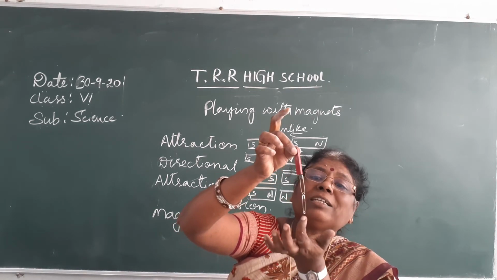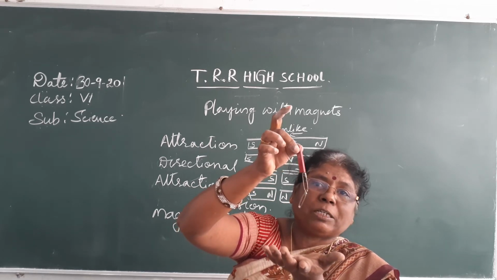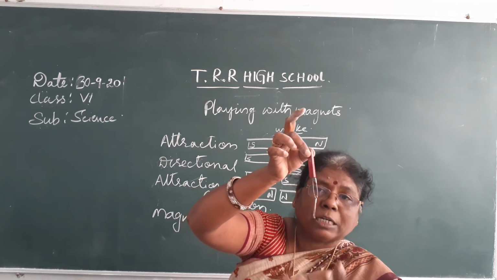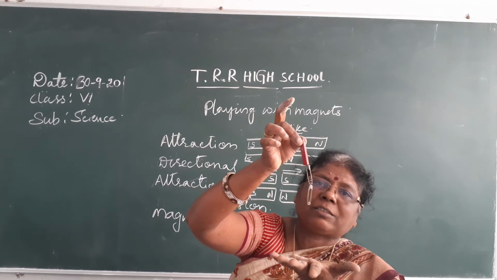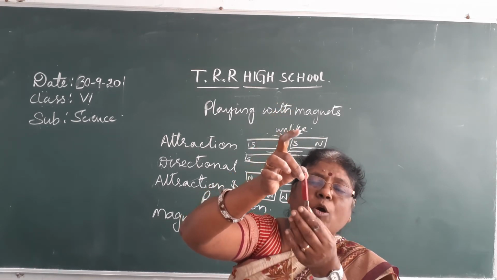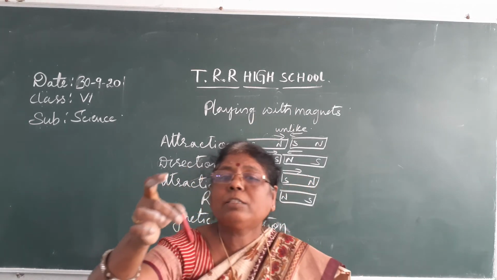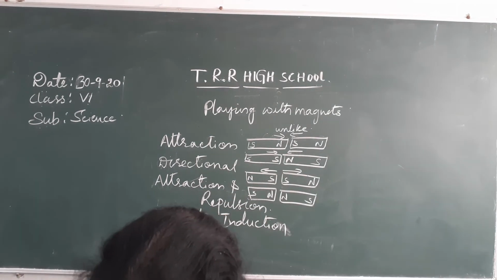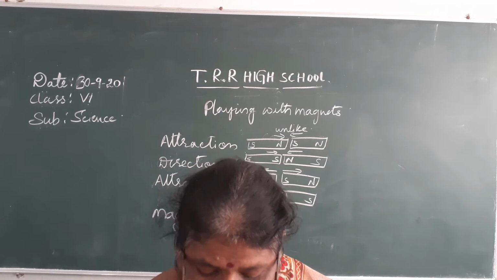So when you bring another safety pin, it is attracted to the first safety pin. Now if you bring another pin also, it will be attracted. That is how the magnetic power is induced. Now if you remove the magnet, it loses the magnetic property. So this property is called magnetic induction.